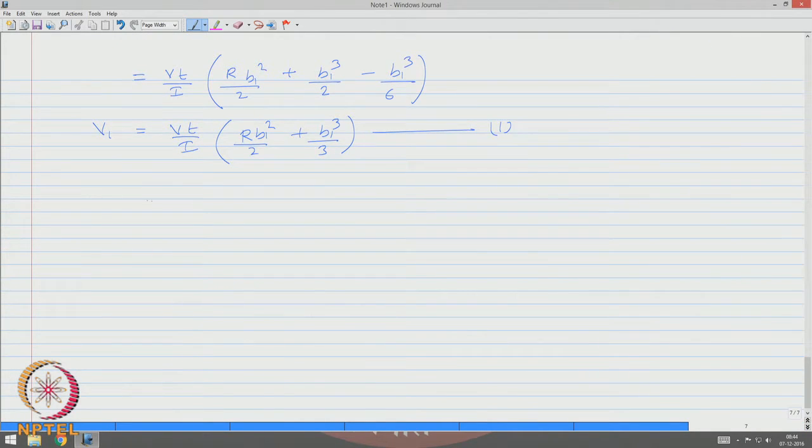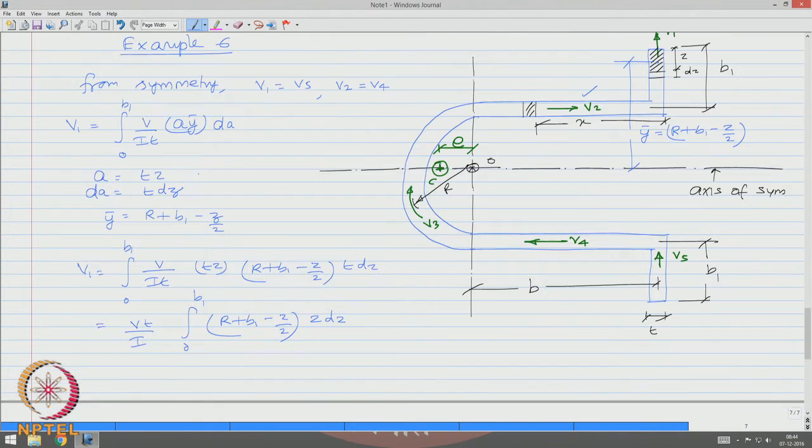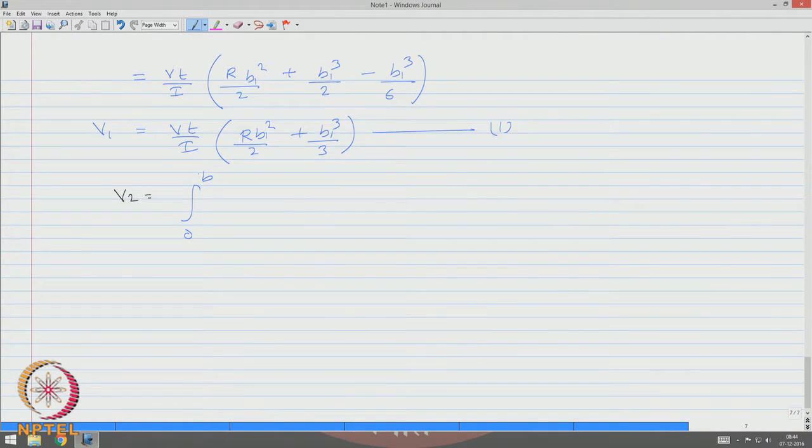So, V 2 is now equal to integral 0 to b, because that is the limit of this section, of V by I t, uniform thickness, A y bar d A. A is T x, d A is T d x.